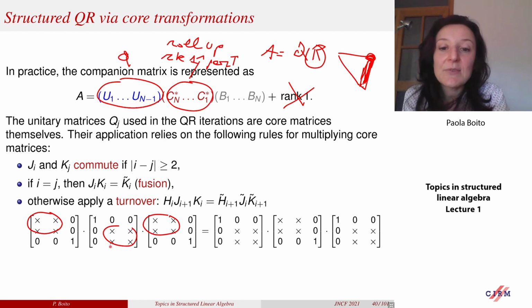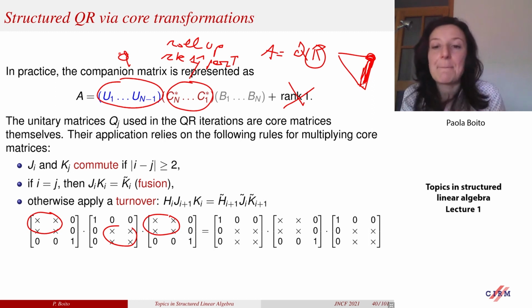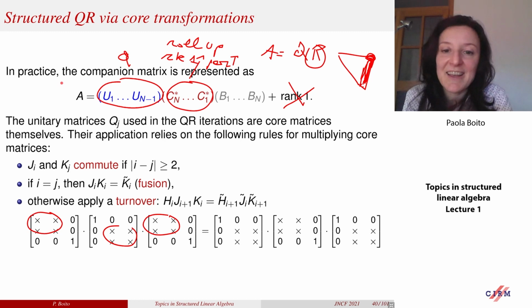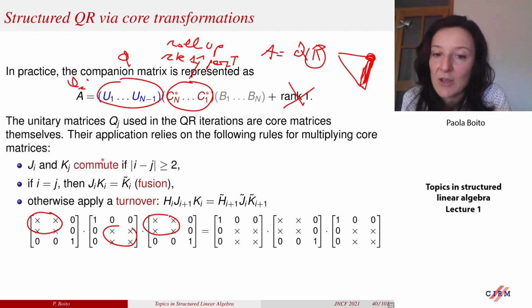And then you use these operations to apply the Qi, each bulk chasing transformation to the structure. Because each time you apply a Qi here, you look at the transformations you encounter. If you can, you commute or fuse.